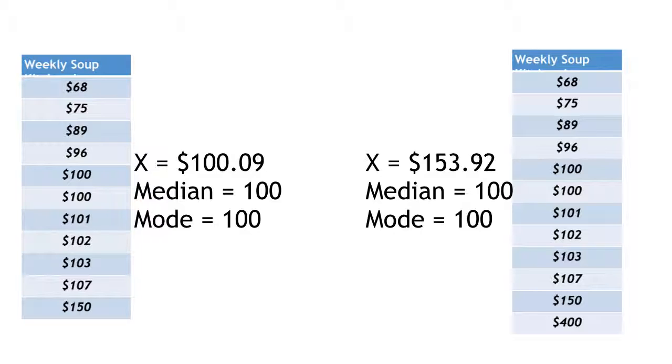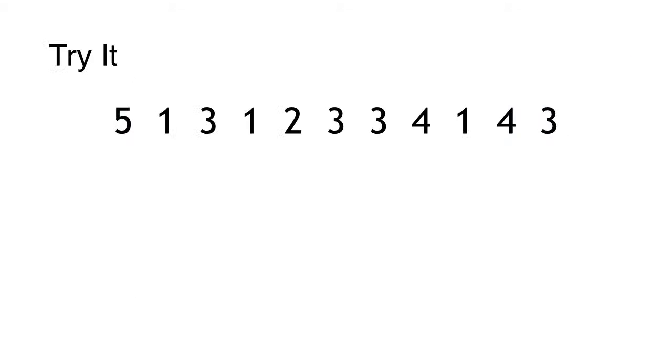We have to be very conscious of our outlying scores and what they do to the mean. In this case, mean is not very useful in describing the group because the mean for the group is more than anybody makes except for one person. You can see the problems with it. So now I want you to take a minute and try it.